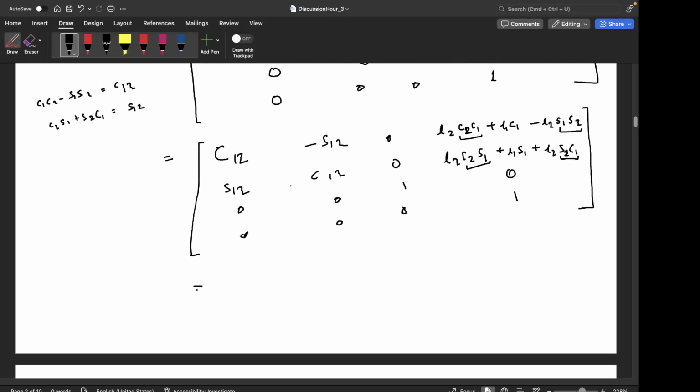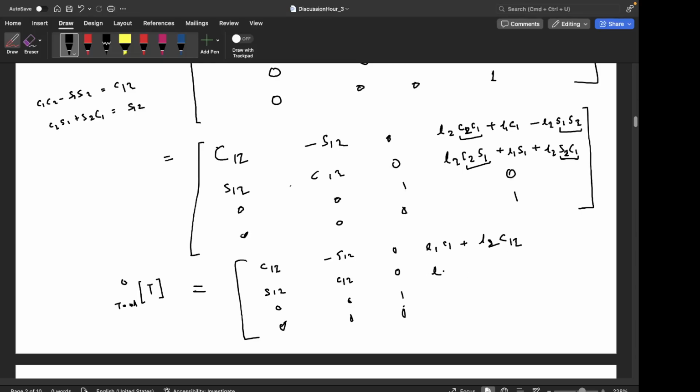So the final homogeneous transformation matrix from 2 to 0 that we have is C12, S12, 0, 0, then S12, C12, 0, 0, 0, 0, 1, 0, 0, 0, 1, 0, and this is L1 C1 plus L2 C12, and this is L1 S1 plus L2 S12, and this is 0, this is 1, right?